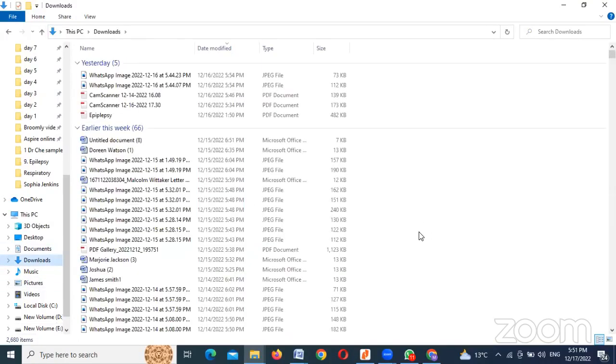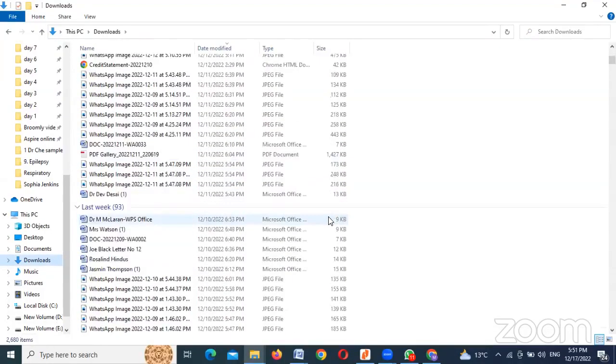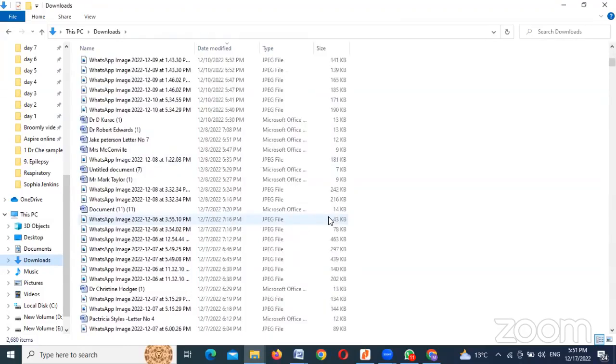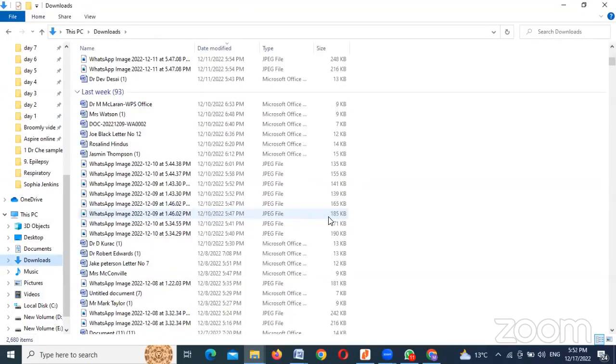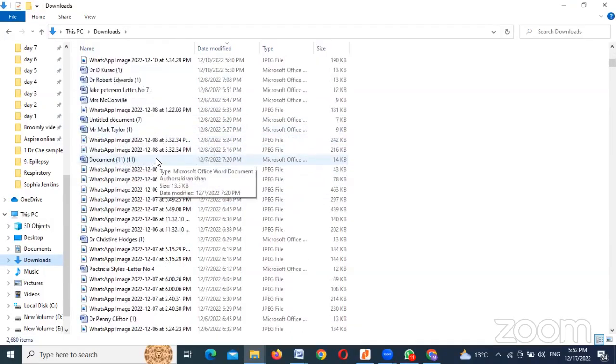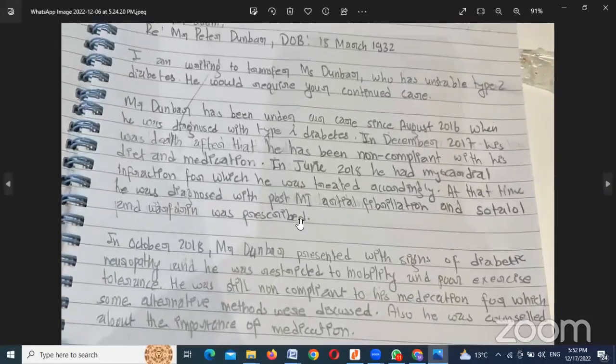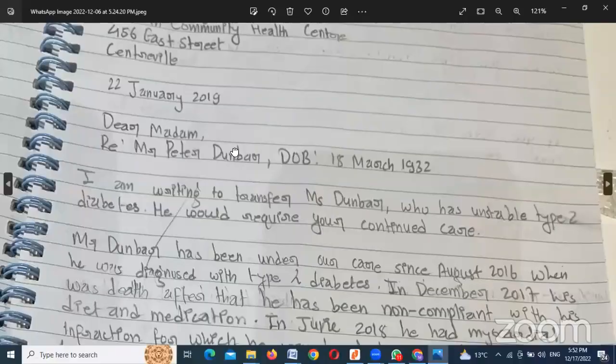If you see in the downloads, these are when I download the letters from my WhatsApp. For example, last week there were 93 downloads, many pictures. These are pictures of letters, for example, like this. This is the letter. So my students send them in the picture.